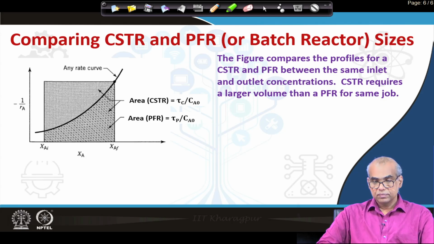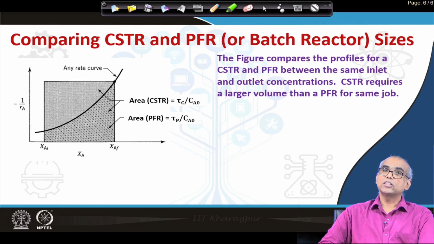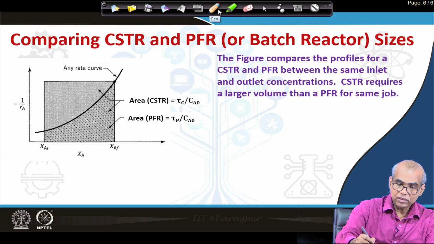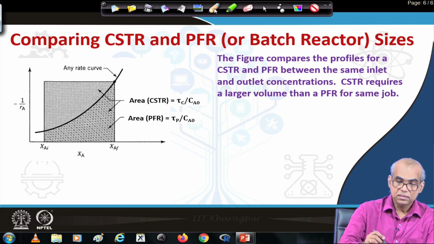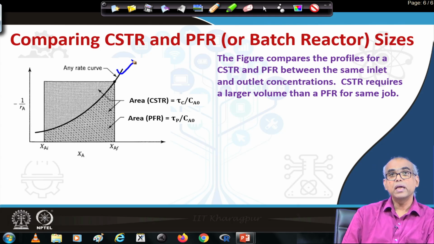If you compare CSTR and plug flow reactor, the figure will tell you that the CSTR will always require a larger volume than a plug flow reactor for achieving the given conversion. Look at this figure, the area under the red curve is a measure of volume for plug flow reactor, whereas the entire shaded area is a measure of CSTR volume.